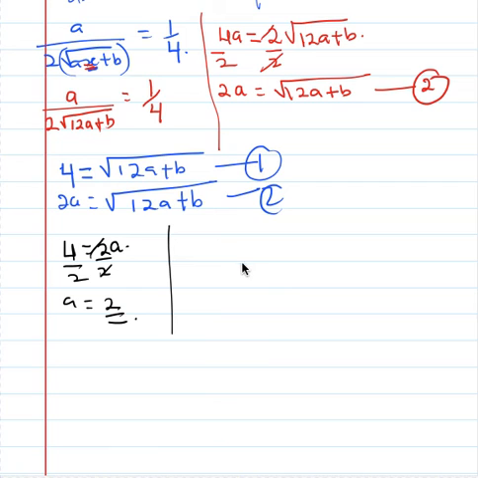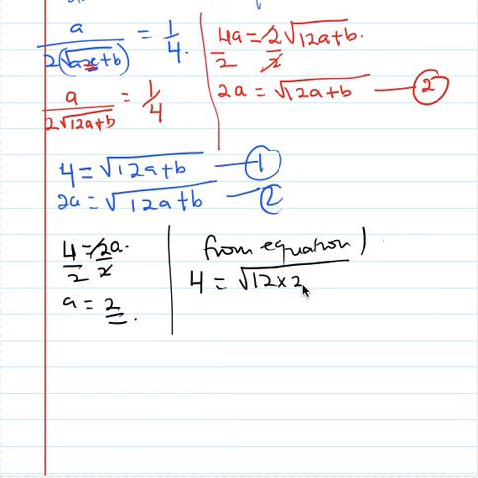Now, to get the value of b, we can use any of the equations we have. We can use equation 1. From equation 1 we have 4 equals the square root of (12 times 2, since a is 2, plus b). So 4 is equal to the square root of 24 plus b, and now we can square both sides to get rid of the root sign.